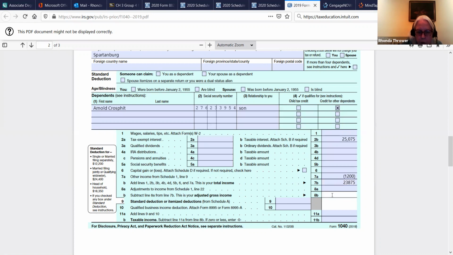And so your adjusted gross income will be 23,875. Do you follow what I did there? Yes. Now you're going to take the standard deduction, and this would be, he's head of household, if you'll remember, which is 18,350.